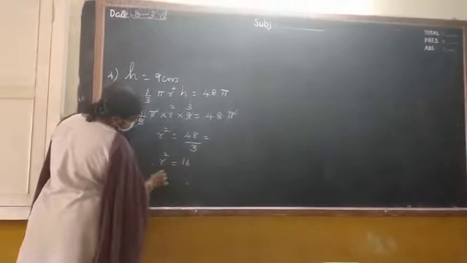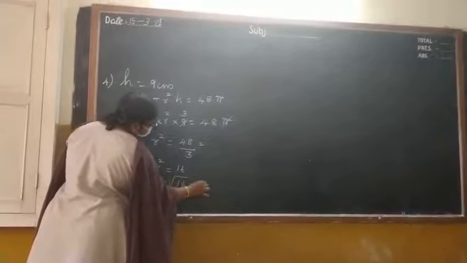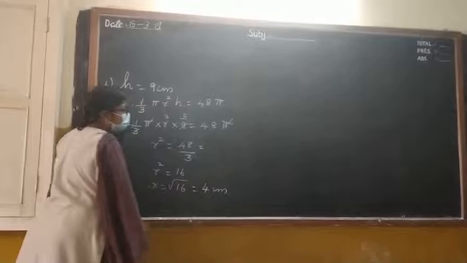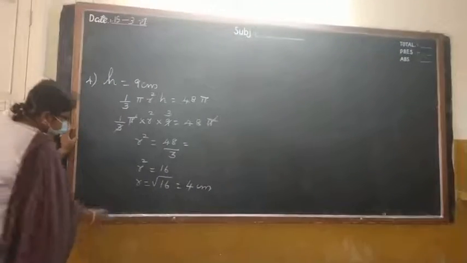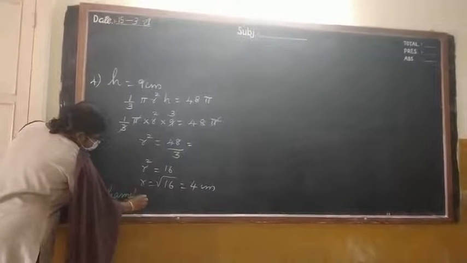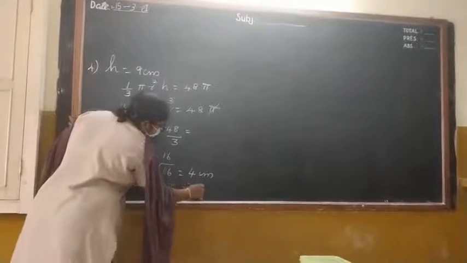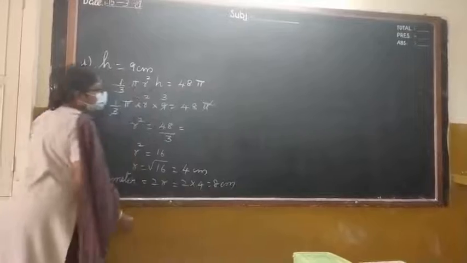No. So R will be equal to root of 16, that is equal to 4 centimeter. Yes, that is R. Diameter it is asked. So diameter is equal to 2 times R, that is 2 into 4 equal to 8 centimeter. Okay.